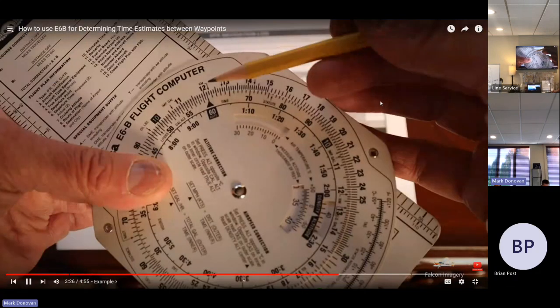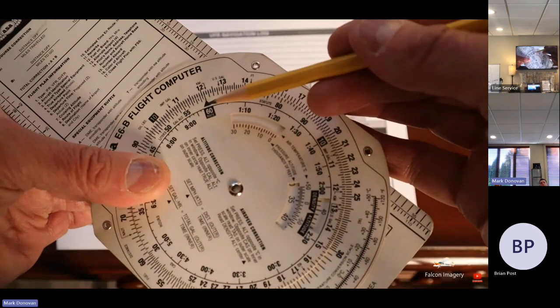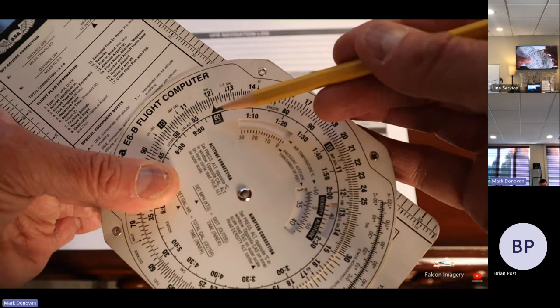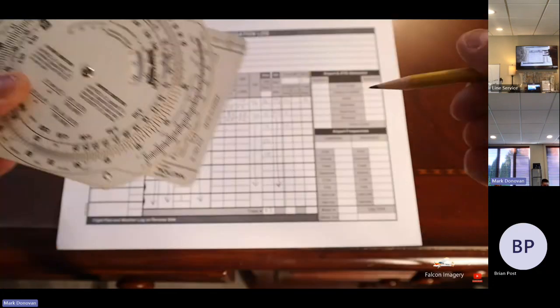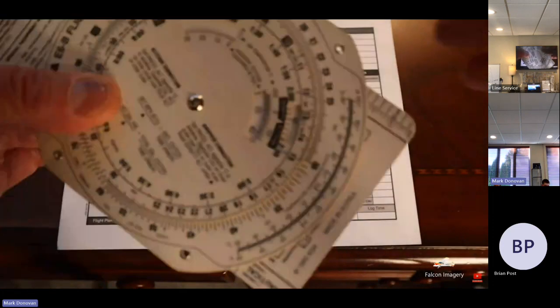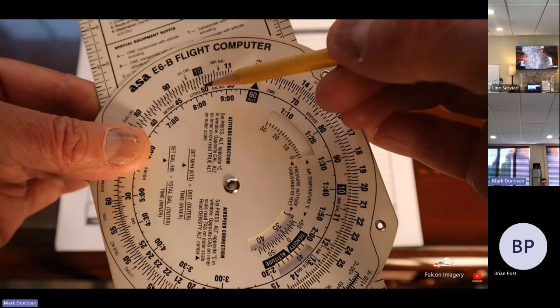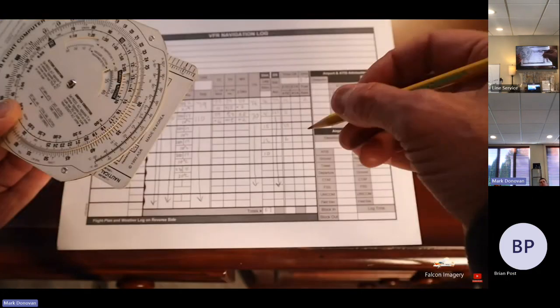Next, we're going to look at the number 12 and see that it's showing the 60 underneath it. And so we know it's going to take approximately 6 minutes to go the 12 miles. So put the 6 in here. And then lastly, we have 10 nautical miles. We look at the 10, we look underneath. It looks like it'll take us about 5 minutes.